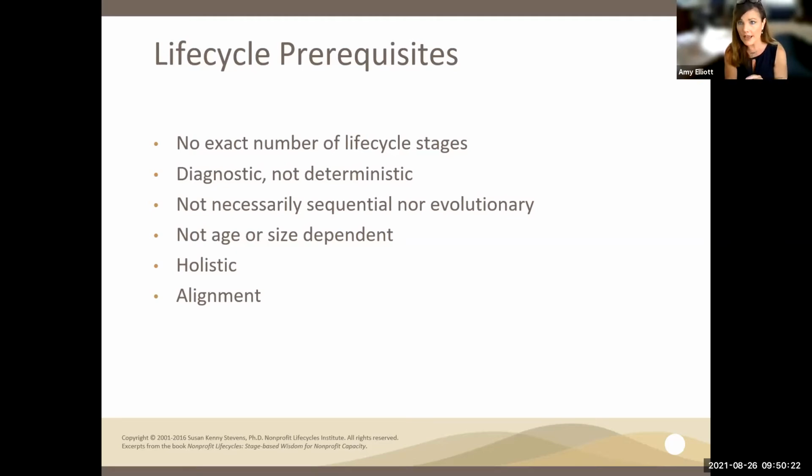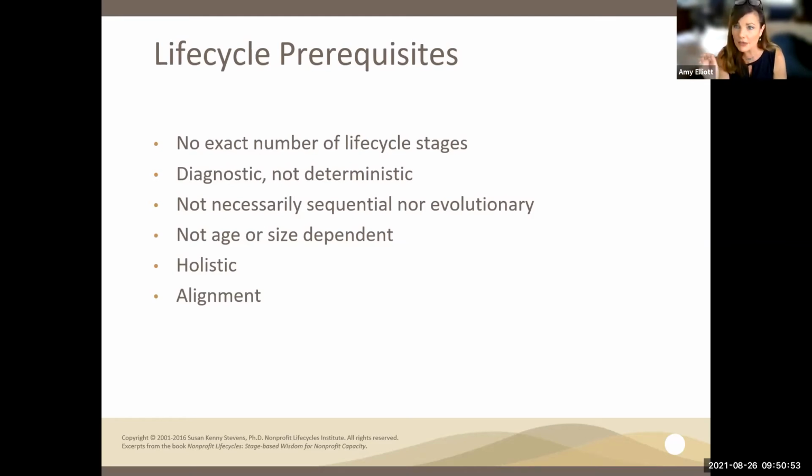I can also say, however, I can apply stage-based wisdom to any piece of that organization. So I can take a look at the board and I can say, but our board is really stone startup. When I look at the qualities or traits of that board, they're not in growth yet. And vice versa, with all the different table legs and all the different parts of the organization.